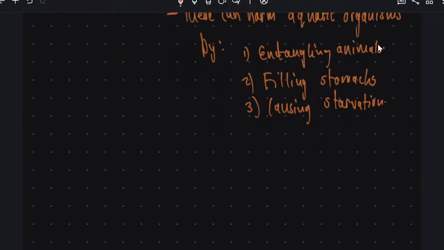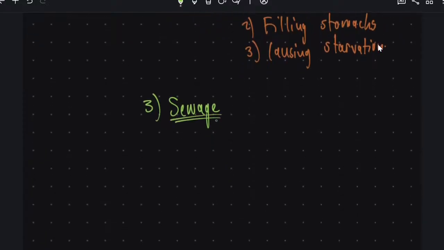Then you have to put another harmful thing. Sewage. Okay. Then you put one more. Sewage can be found in water, and you can say this contains harmful microbes.